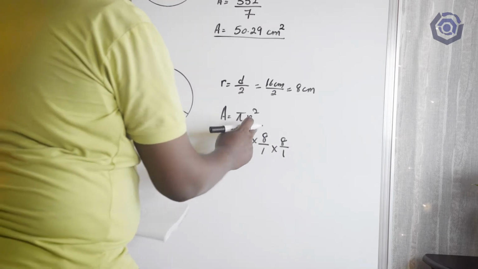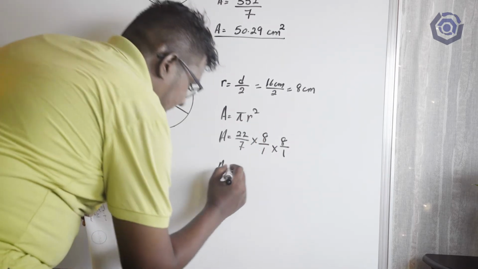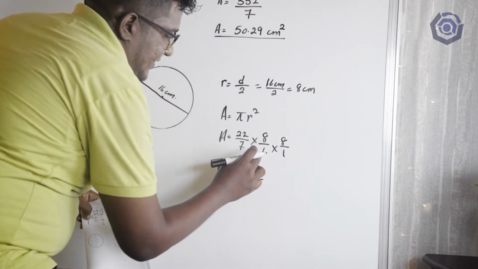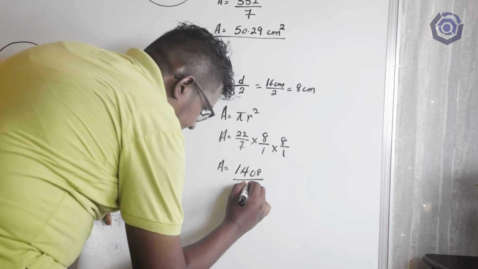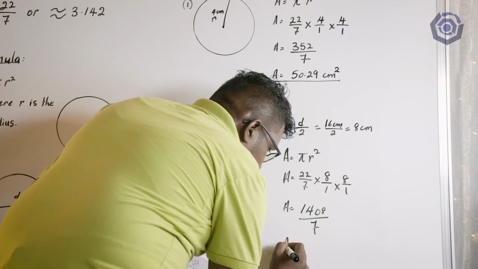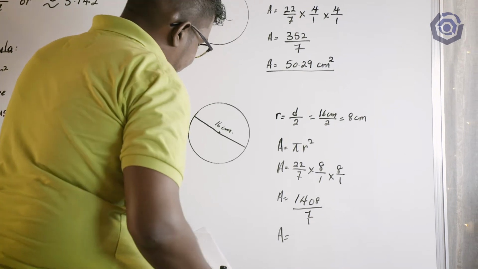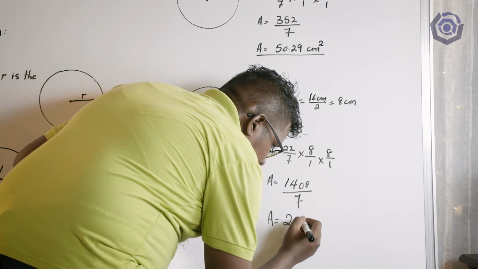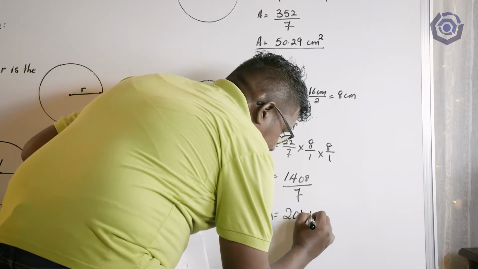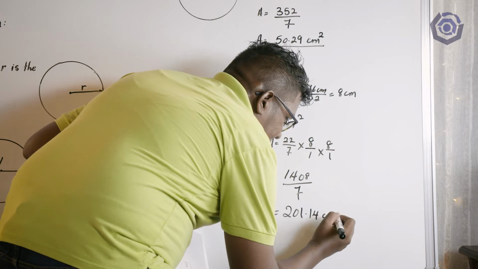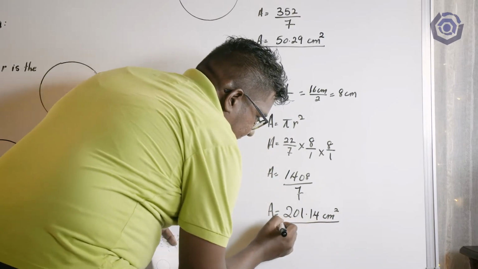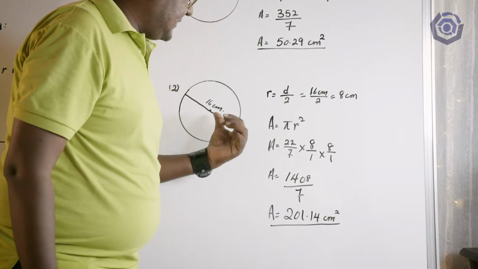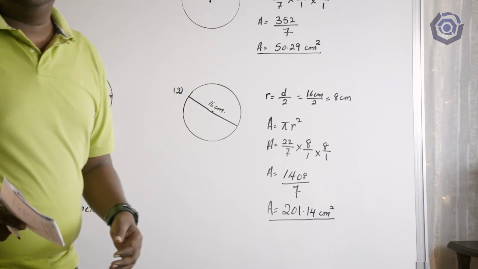So 22 times 8 is going to give me 1,408, divided by 7 times 1 times 1, which is going to give me 7. 1,408 divided by 7 is going to give me 201.14. We're working in centimeters and it's cm squared. So the area of a circle with diameter 16 cm is 201.14 cm squared.